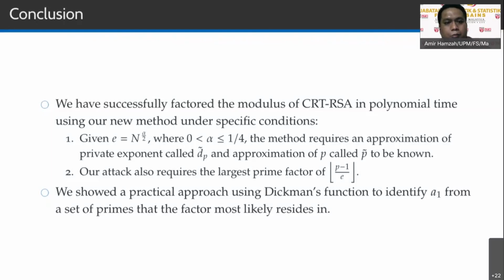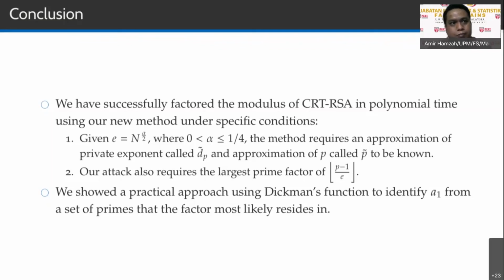What is more important is point number 2, which is that our attack requires the largest prime factor of this value. That's why I need to re-emphasize that maybe we can redirect our approach. Instead of factoring n, where we know that n equals pq and p and q are two large primes, we can redirect our energy to try to approximate the value of this floor. This floor should be easier to factor, because it is not constituted of two large prime factors.